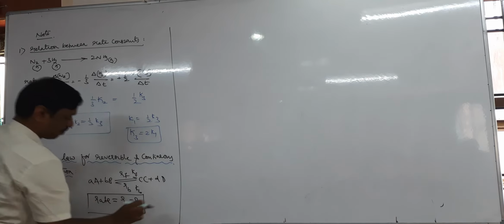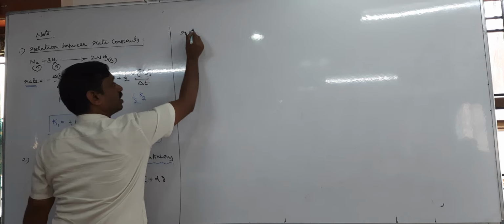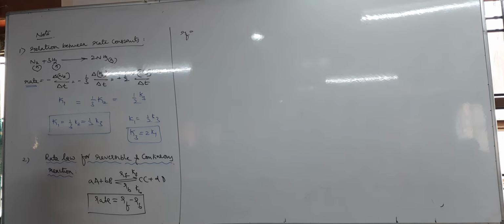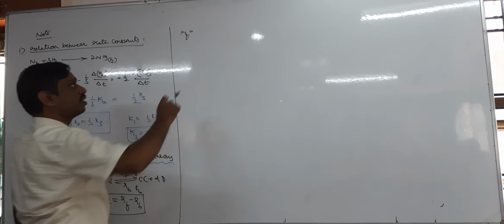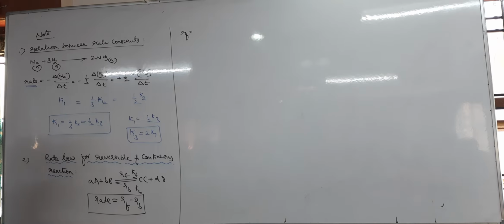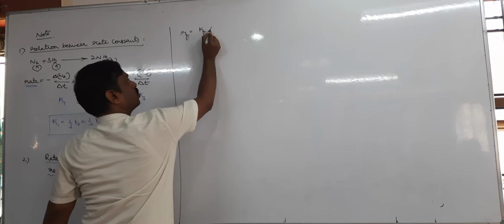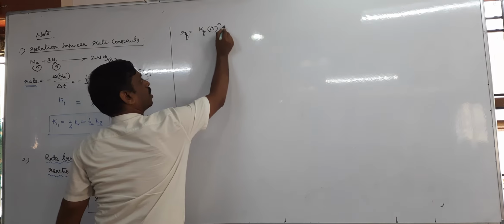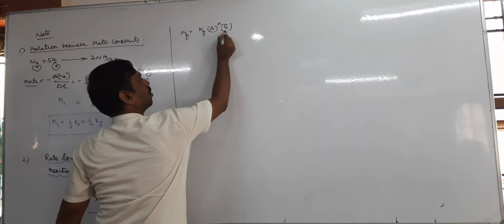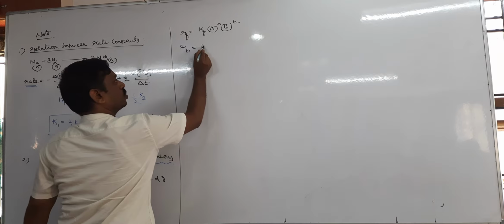Now tell me, can we write the rate of forward reaction equal to what? Take it down, don't wait for me. The rate of forward reaction is Kf into [A] power a, [B] power b. Then what is Rb equal to?